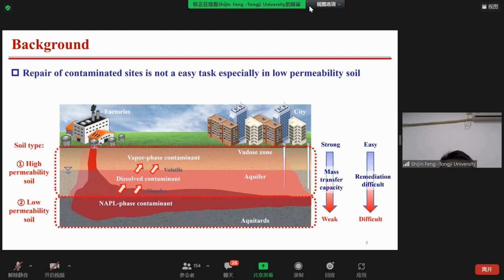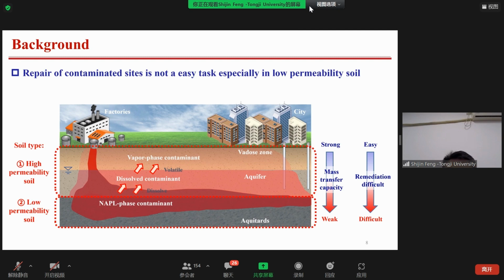We can see that the repair of contaminated sites is not easy, especially in LCS. The mass transfer capacity in low permeability soil is rather weak. So it is easy to repair the high permeability soil, but quite difficult to repair the low permeability soil.